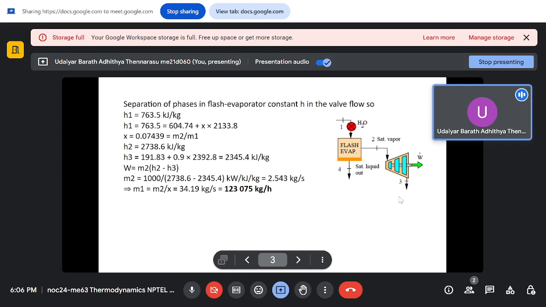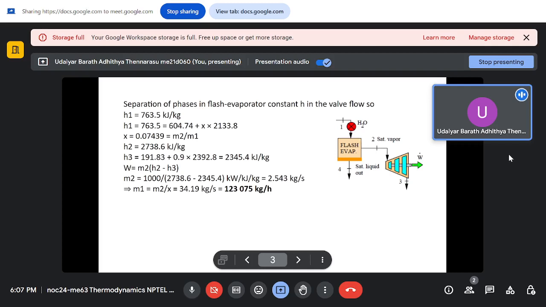And enthalpy at state 3: we know this is at 10 kilopascal and your vapor fraction is 0.9. For 10 kilopascal, the saturated liquid enthalpy and saturated vapor enthalpy are found from the steam table, and we use the relation to find the enthalpy at state 3, which comes out to be 2345.4 kilojoule per kg.